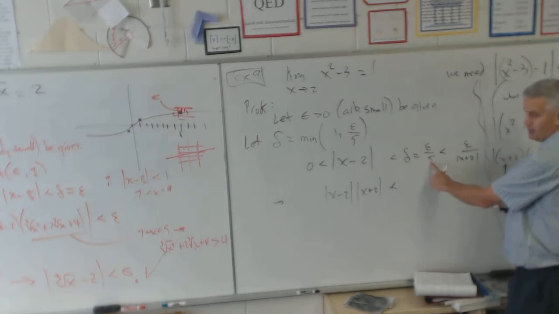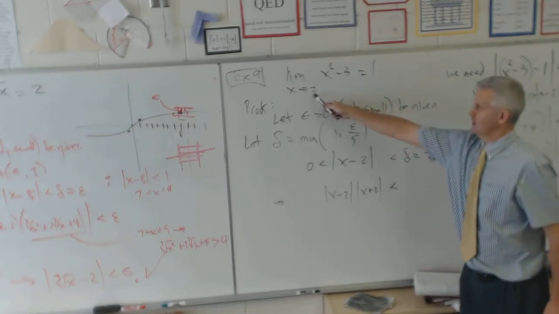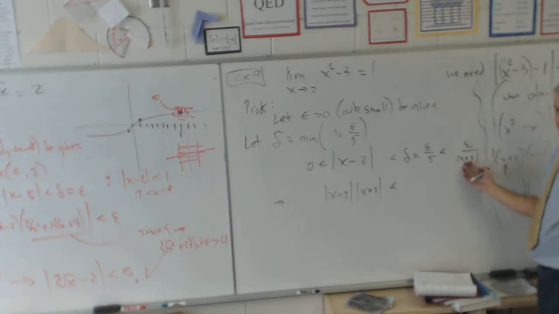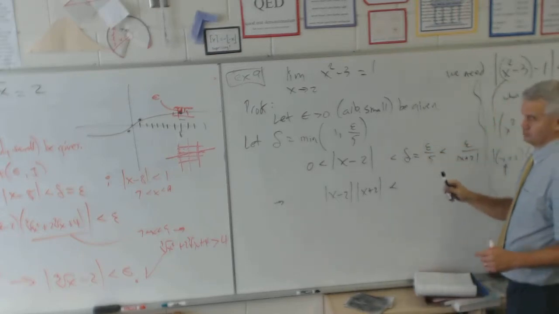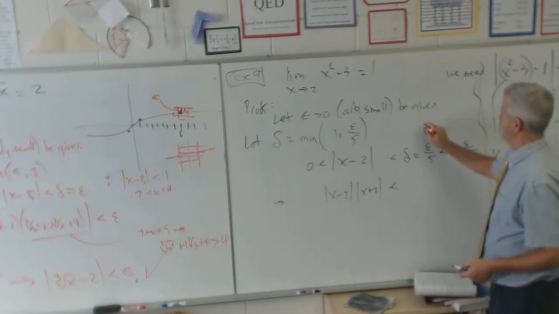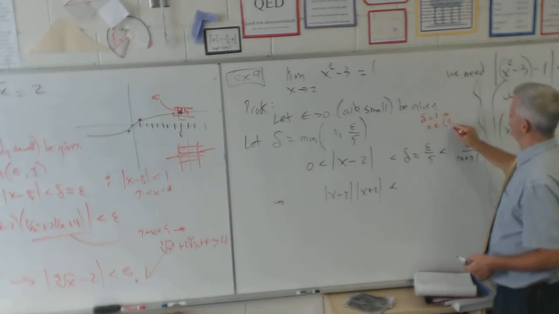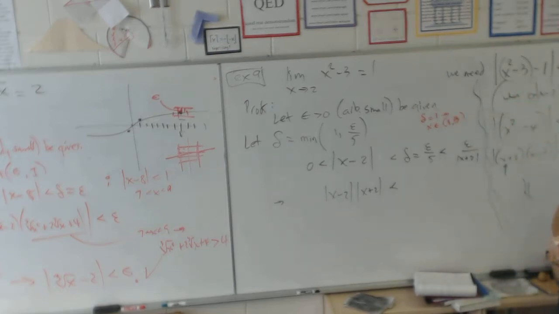Okay, they picked a number that was going to be smaller than what happens when I'm within 1 of the number 2. So if I'm within 1 of 2, this is basically going to be, okay, let's see this right. If delta equals 1, x would be in the interval from 1 to 3. 3 to 5. 9 minus 3 is 6.